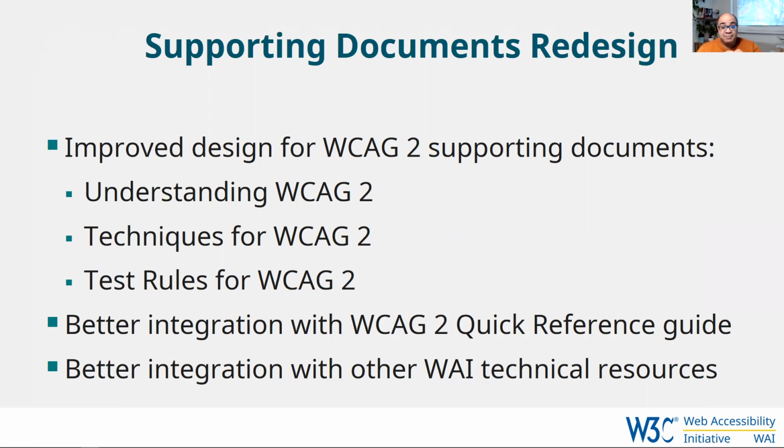Now, as you've just seen in the screenshot, these are using the so-called TR format, technical reports format, which is this very standard-like looking format that we use for W3C publications, like for the Web Content Accessibility Guidelines, WCAG, or for other standards.